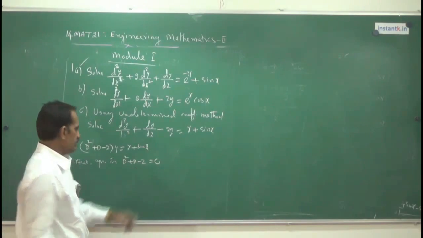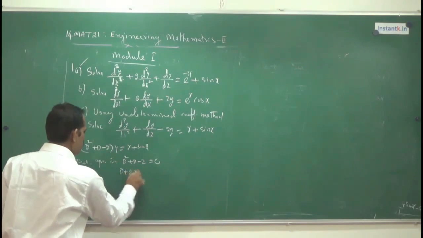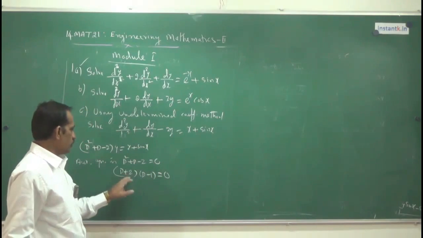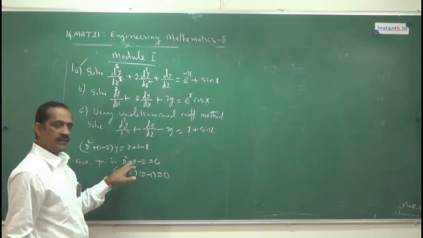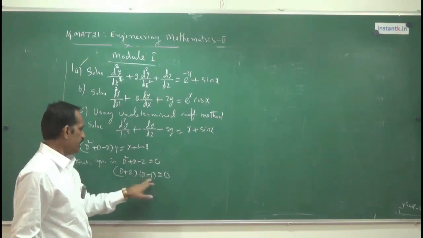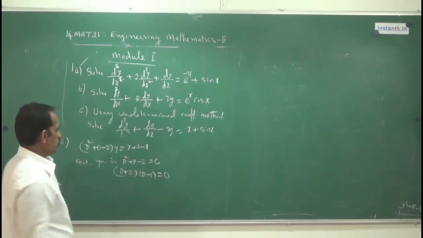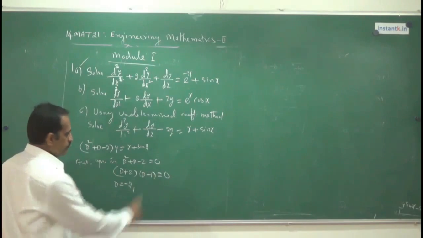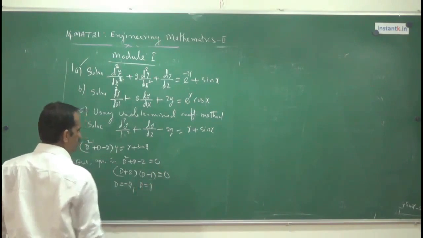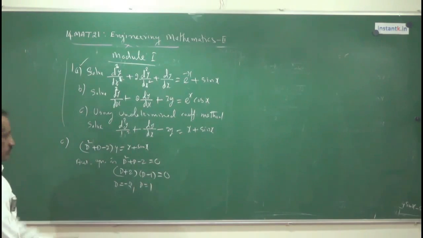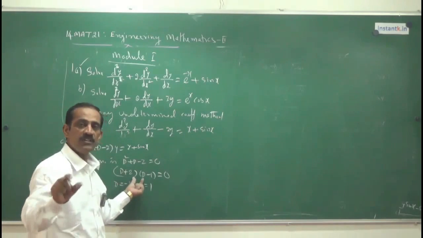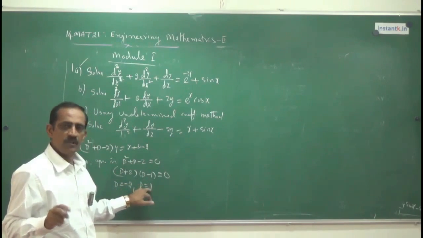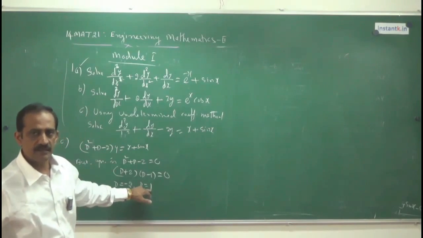We can write it as d plus 2 into d minus 1 is equal to 0, because 2 plus minus 1 is 1, and 2 into minus 1 is minus 2. So the roots are d is minus 2 and d is equal to 1. Or you can find these roots using a calculator also.